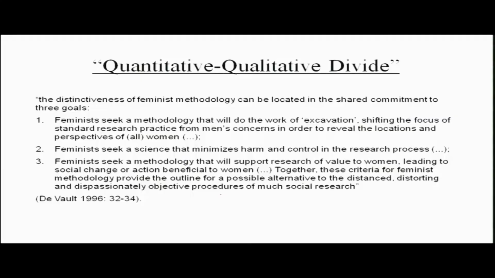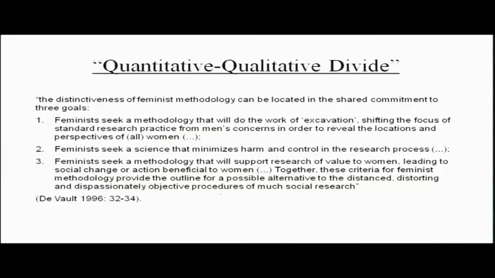The next point: feminists seek a science that minimizes harm and control in the research process. So, how can you, as a feminist social science researcher, minimize the harm and control in the research process?